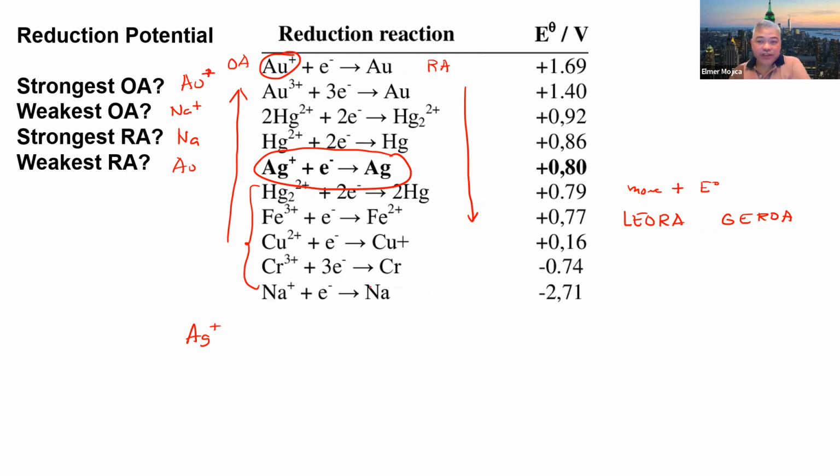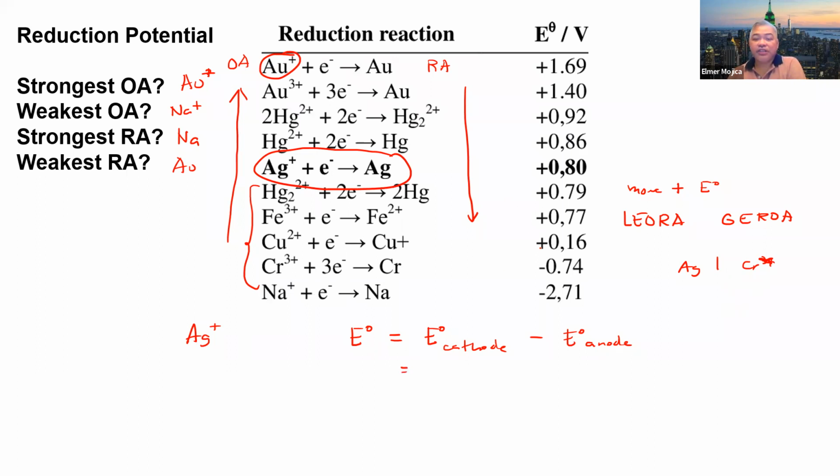Now, you can also get information here if you're asked what's the cell potential. We all know that it is just the cell potential of the cathode minus the cell potential of the anode. So if we are asked, what's the cell potential, let's say, between silver and chromium, or a voltaic cell that is made up of silver and silver ion and chromium ion.